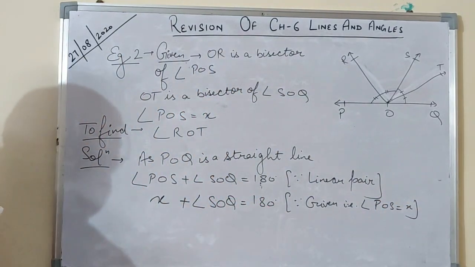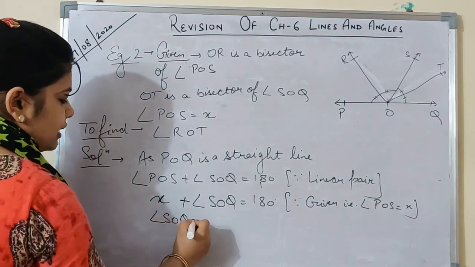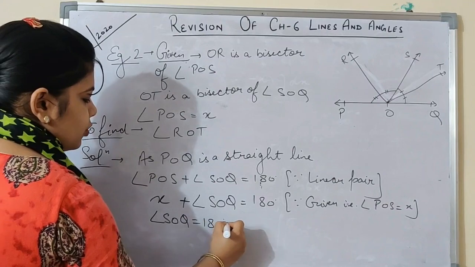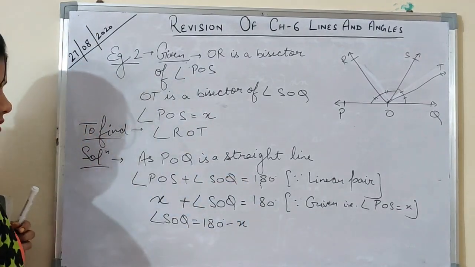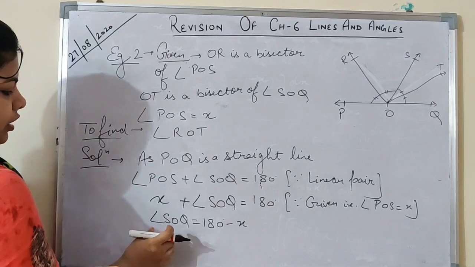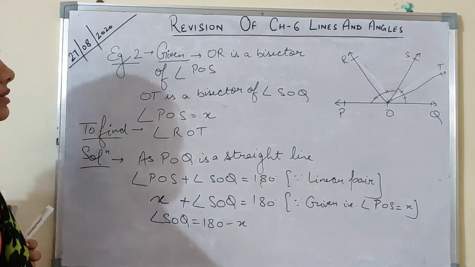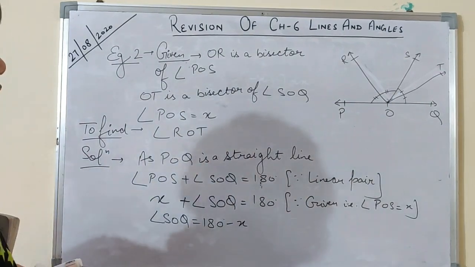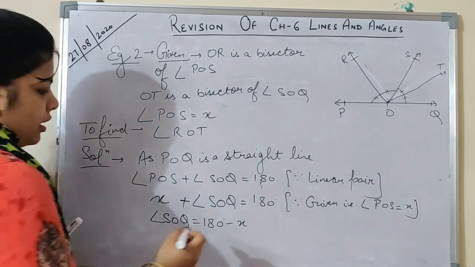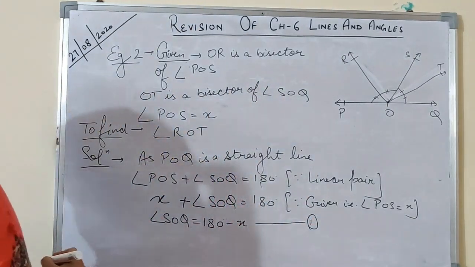I think till here there is no doubt. After that, I will find the value of angle SOQ, that is 180 minus x. Now from here, we have got the value of angle SOQ, that is 180 minus x. I'm naming this as equation number 1.